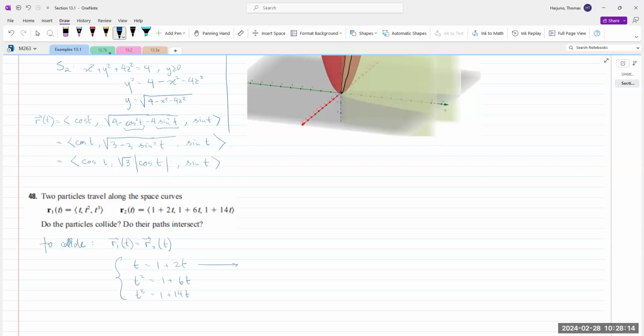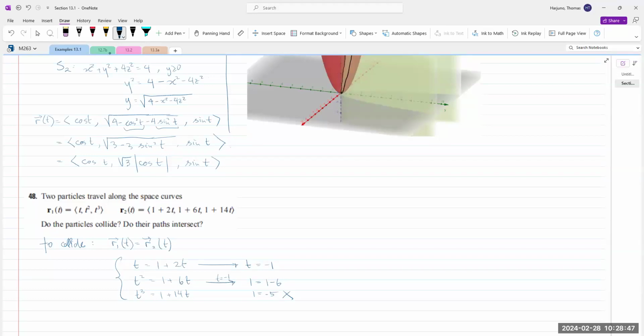But if we see here, when we solve that, you will see t equals -1. But then when t equals -1, we end up with 1 equals 1 minus 6, which is 1 equals -5, a contradiction, right? In other words, from the x component, they're supposed to collide when t equals -1, but when we use that on the y component, t equals -1 does not give us the same y.